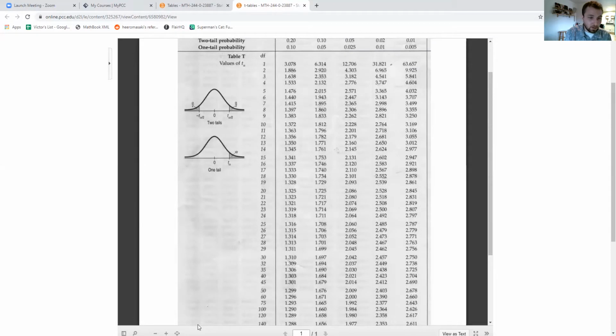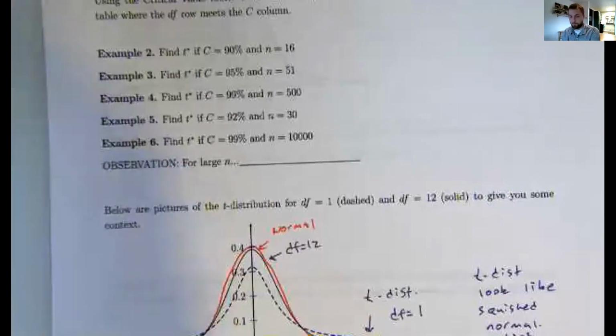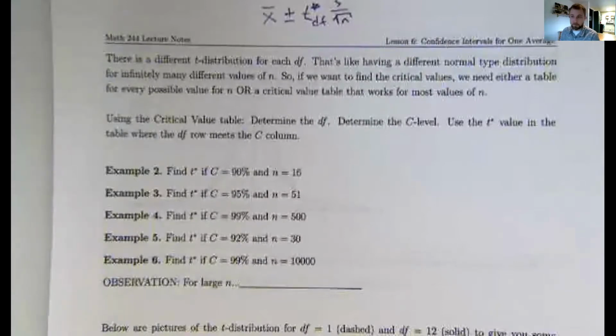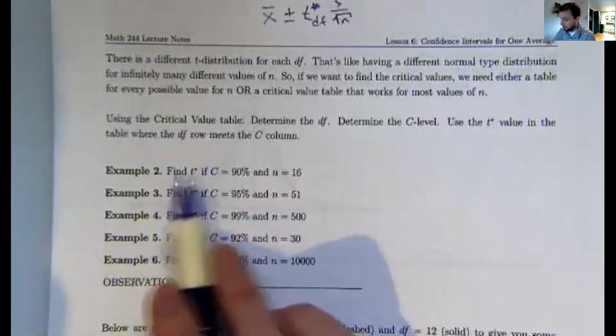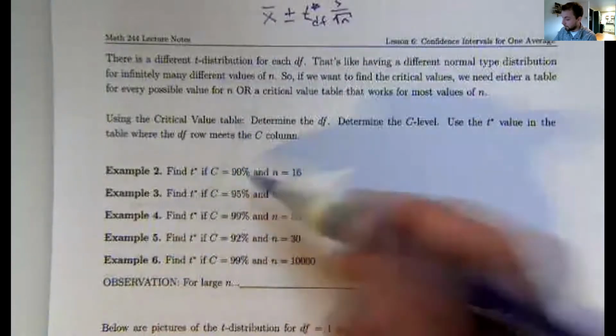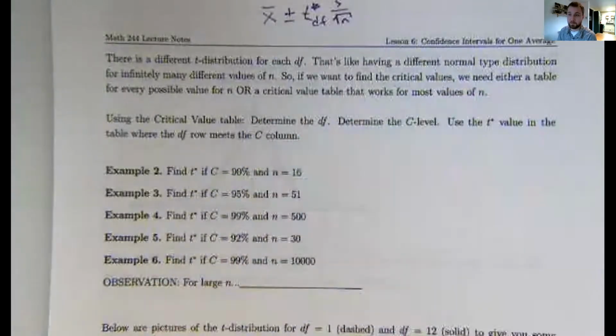So I'm going to try to put these things side by side, and switch the camera so we can actually see. For this one, I want to find T star if I want to be 90% confident and I have 16 samples.